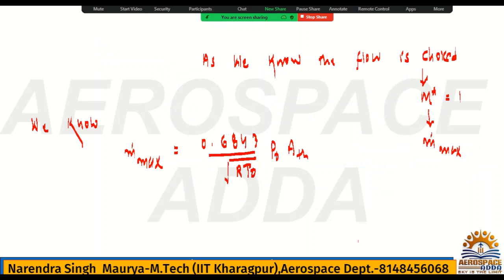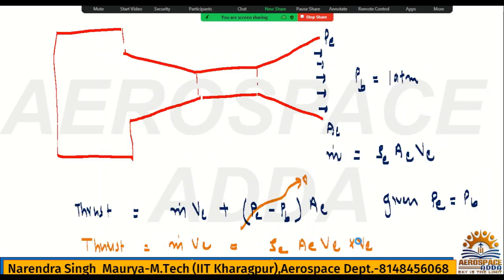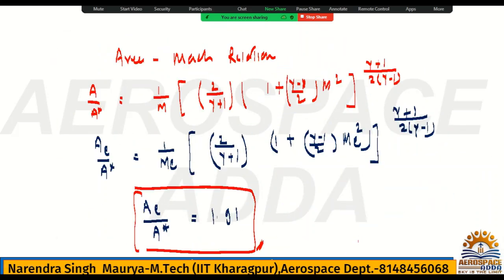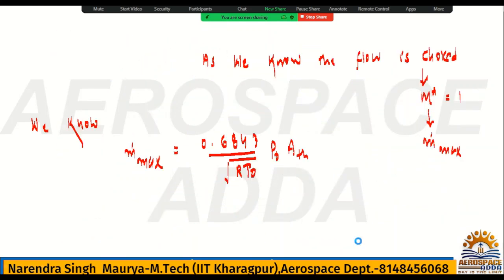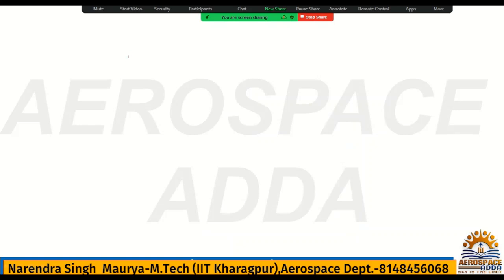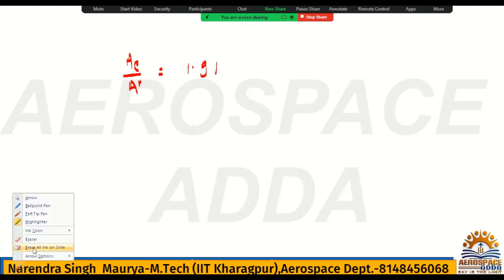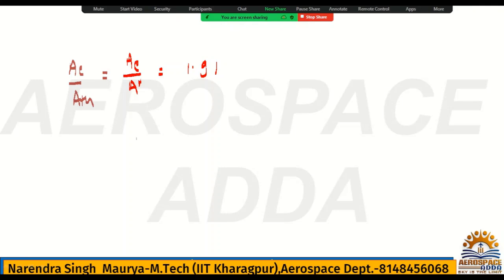Now check the ratio A E by A star, where A star means throat. What value are you getting? 1.91. Yes or no? So the exit area A E is throat area into 1.91.